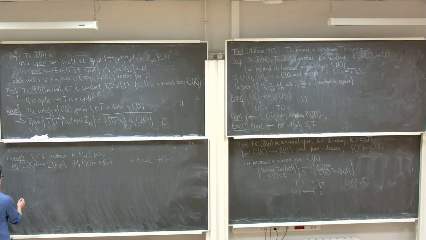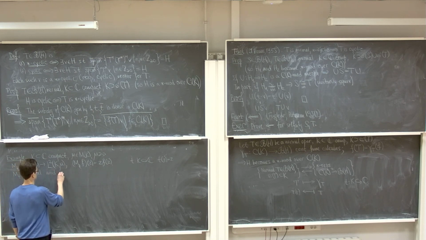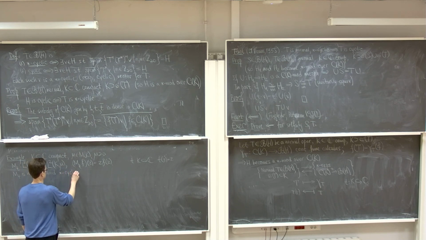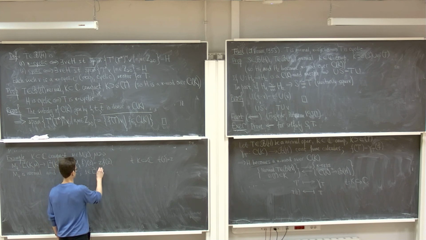So clearly this operator is normal. MT is normal because the adjoint operator is the multiplication by the complex conjugate function. And MT is star cyclic. Namely, the function which is identically 1 is a star cyclic vector.